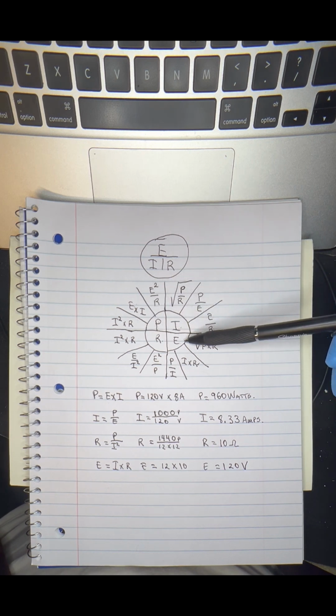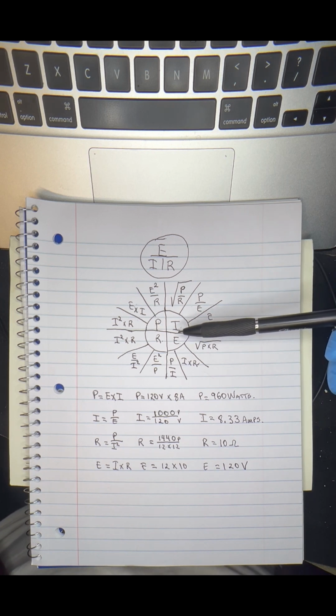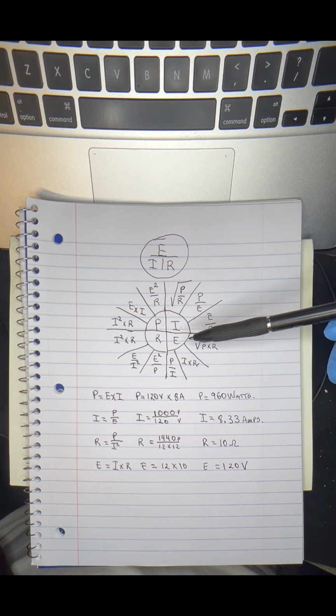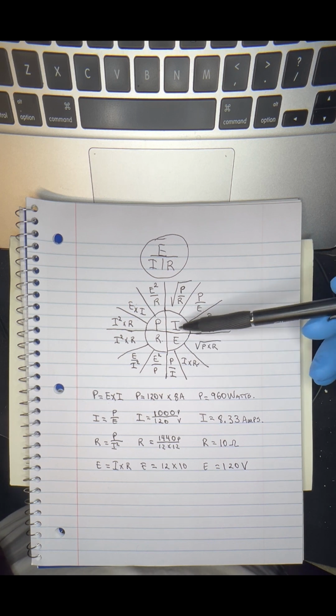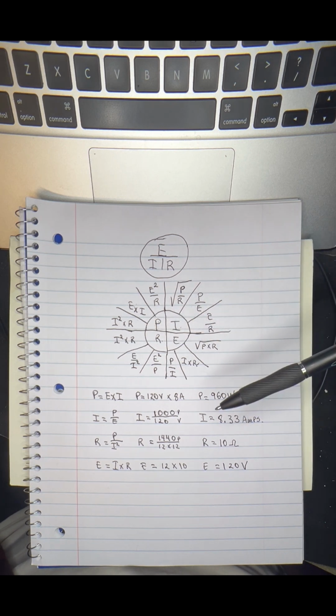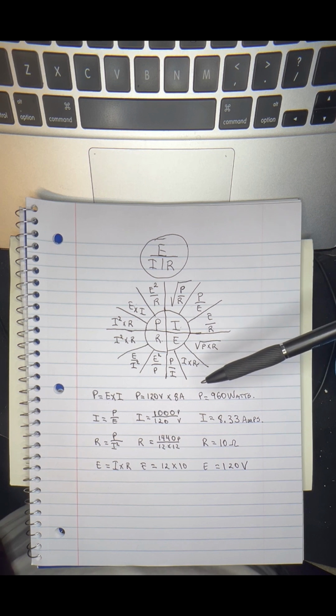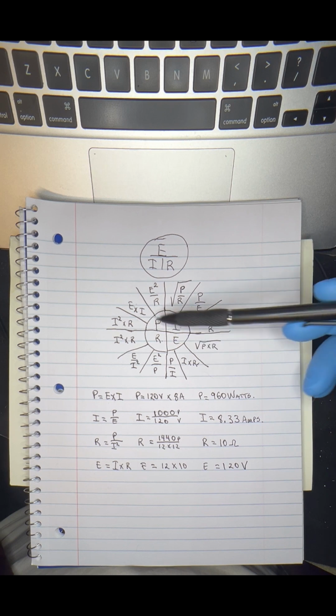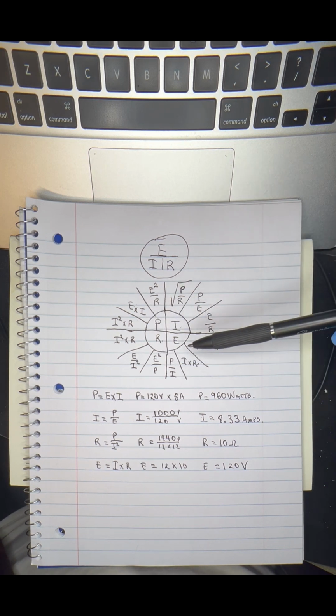Or you should take, for example, the California Journeyman State License test. There will be a couple of questions where they ask you, find amps with P and R. They're not going to give you the chart, so you need to memorize the basic two and two, two of each, or all of them if you can.